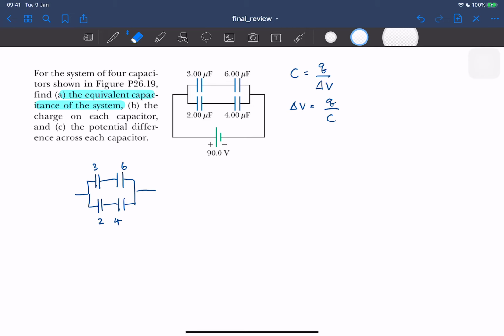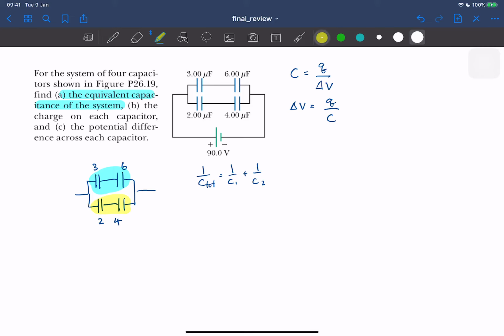We need to combine the one in series and the one in series down here first. Series capacitors you combine using this formula: 1 over C total equals 1 over C1 plus 1 over C2, which is the other way around if you talk about resistors. So don't get confused by this.